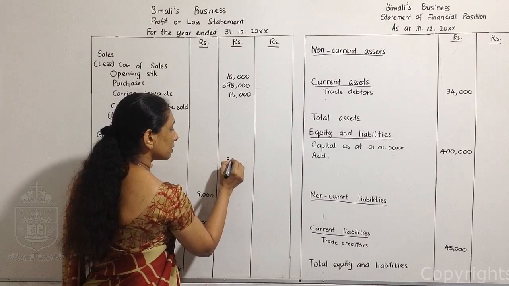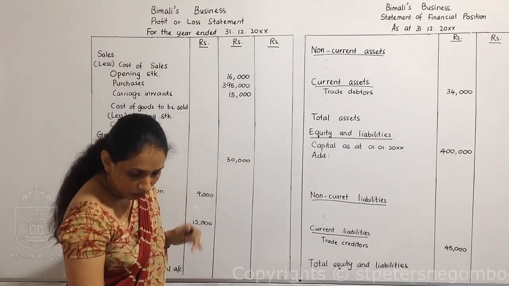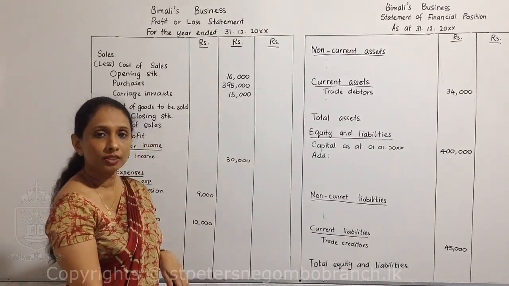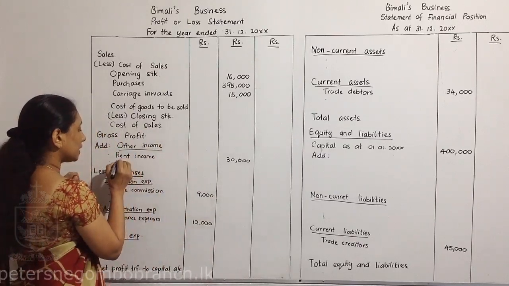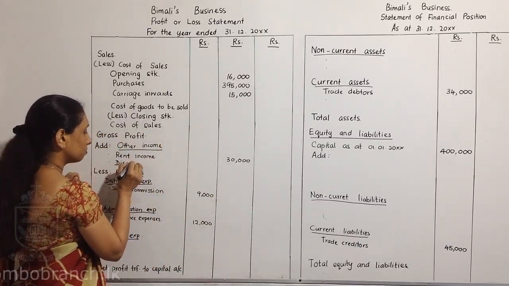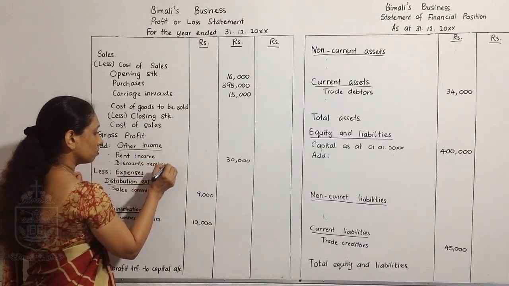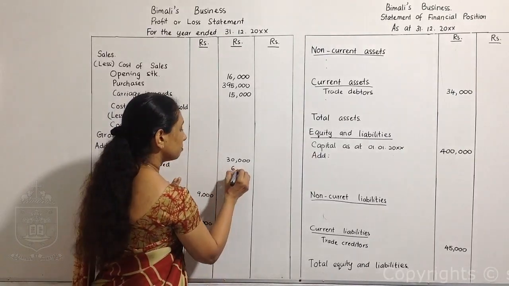We'll go to the second column and put it as 30,000. Then we have another income, which is discounts received, again coming under the same heading, other income. Discounts received, it's 6,000.